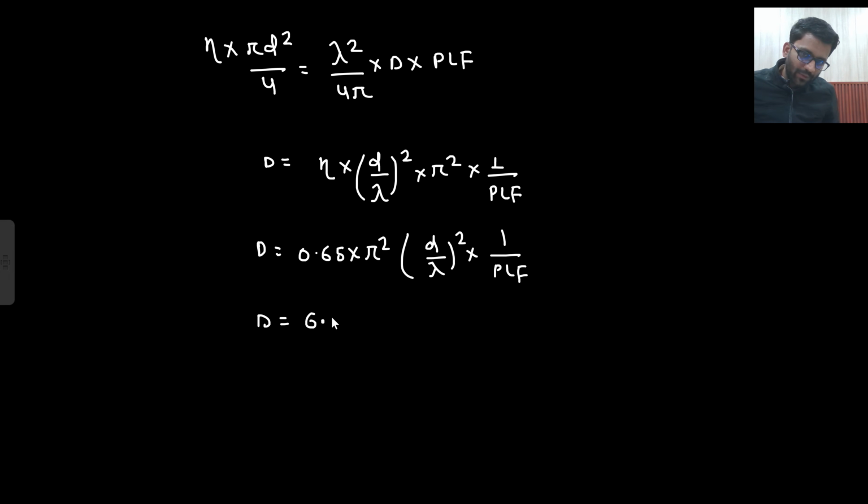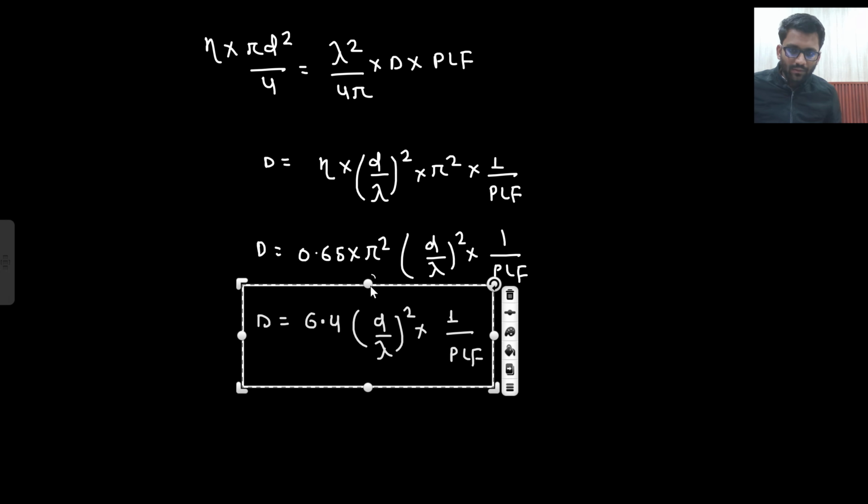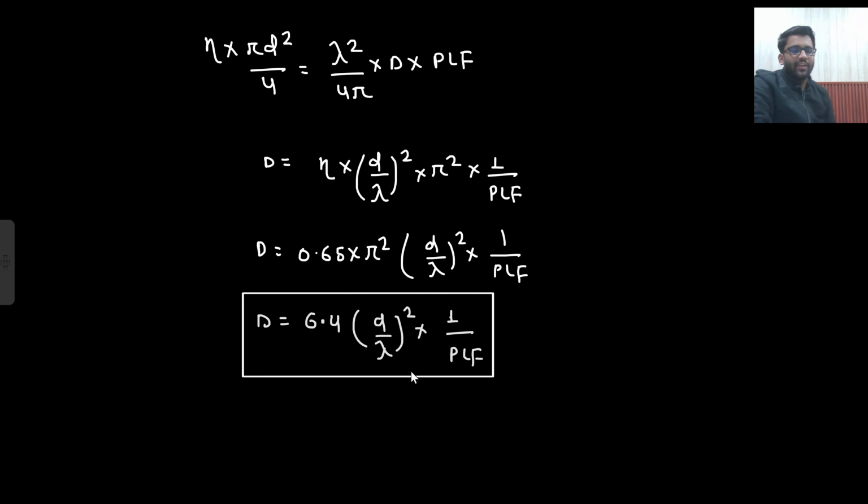So 6.4 d by lambda square into 1 by polarization loss factor. Let me take a pause. Yeah, so this is the directivity you are getting: 6.4 d by lambda whole square into 1 by polarization loss factor.